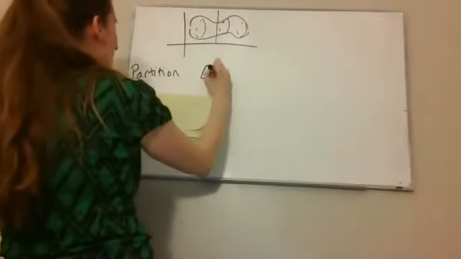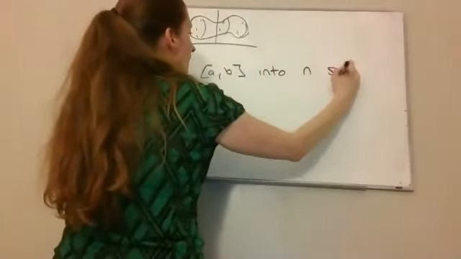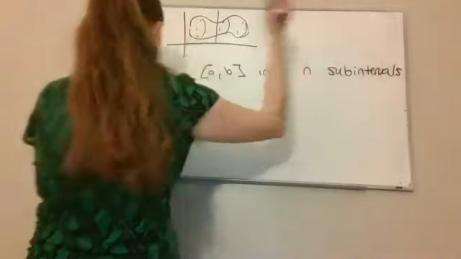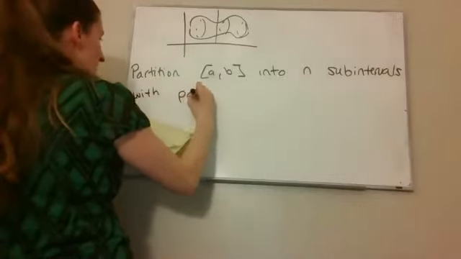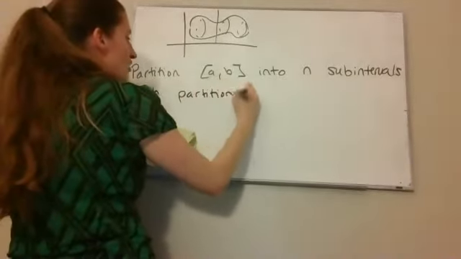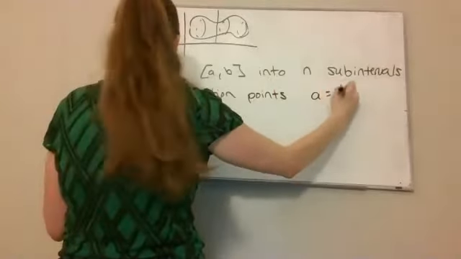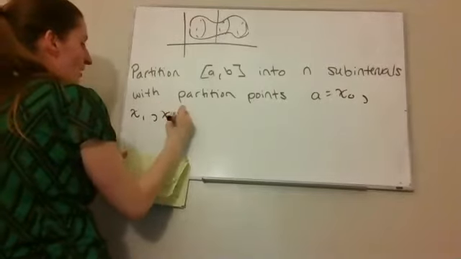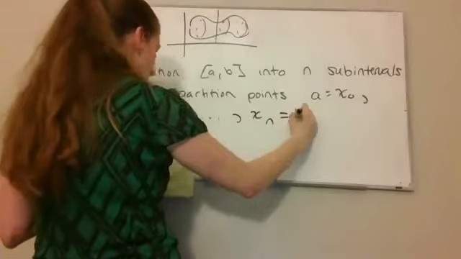So partition [a, b] into n sub-intervals, with partition points a equals x0, and then we have other partition points, x1, x2, all the way through xn, which will equal b.